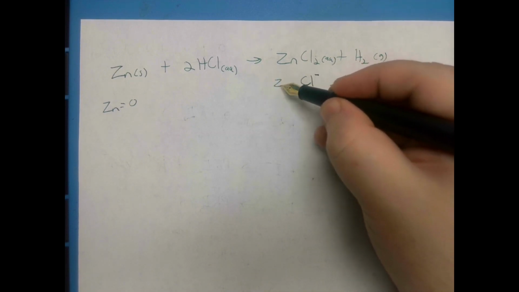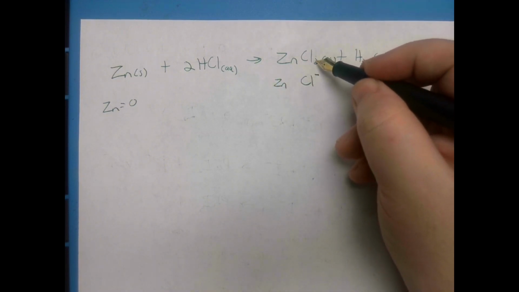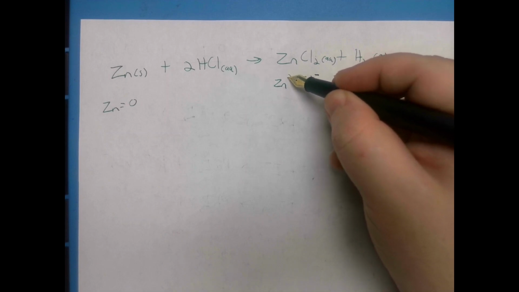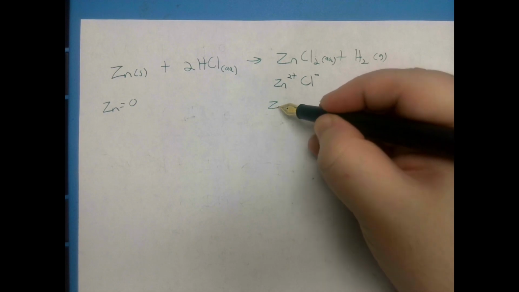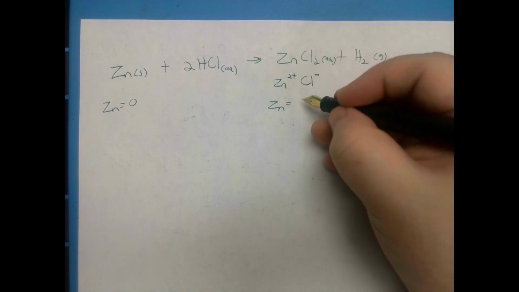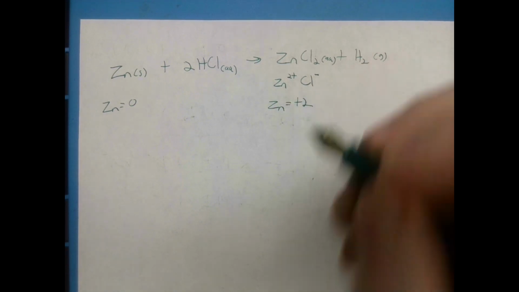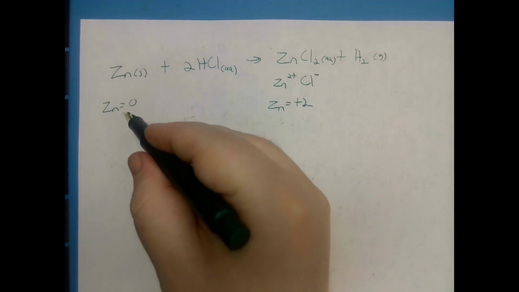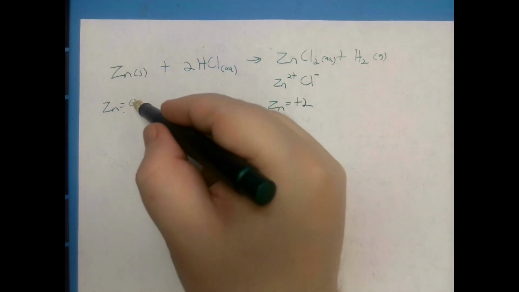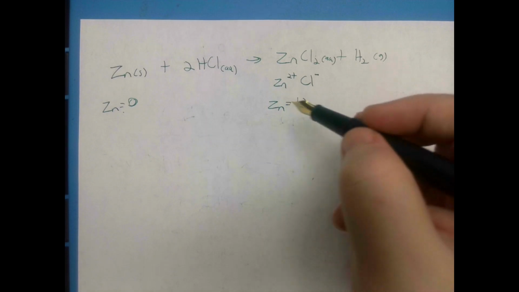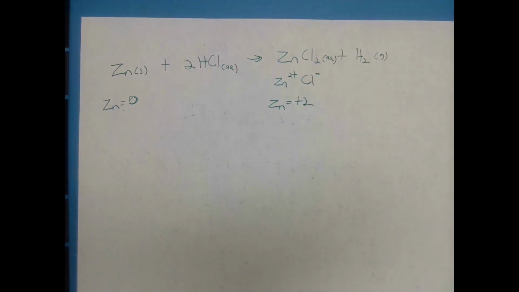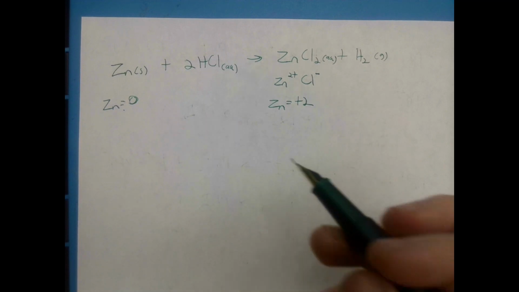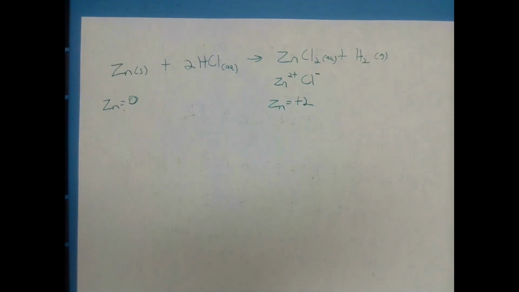So that means the zinc, to balance out the 2 chlorines, would have to have a 2 plus charge. So the oxidation number for zinc is now plus 2. So it has gone from 0 oxidation number to plus 2. Does that make sense? So is this oxidation or reduction?